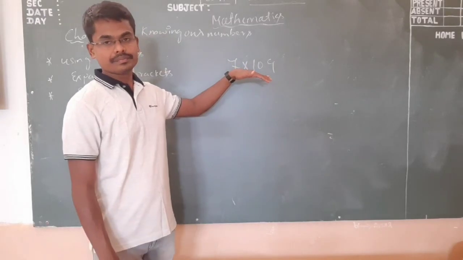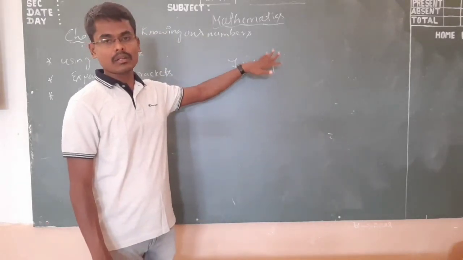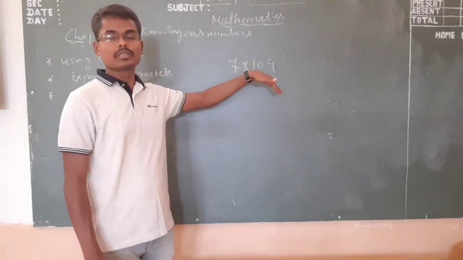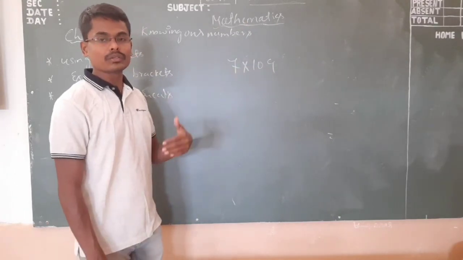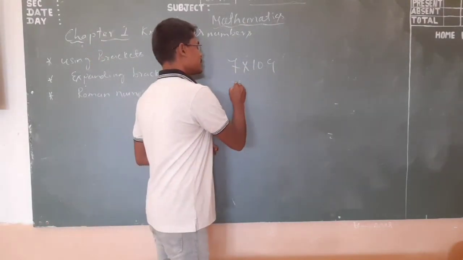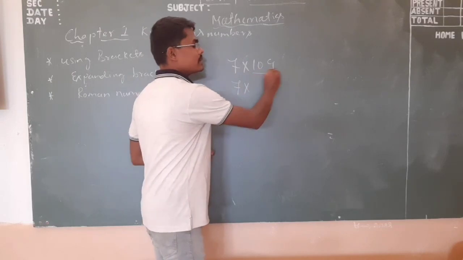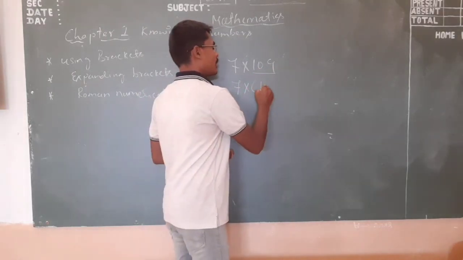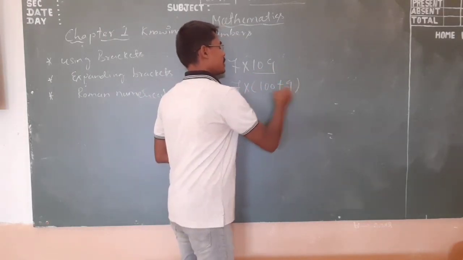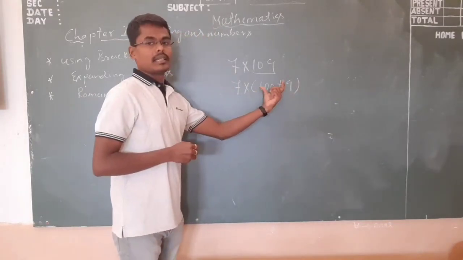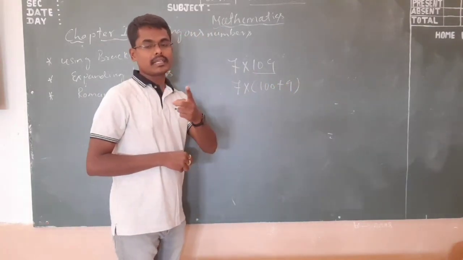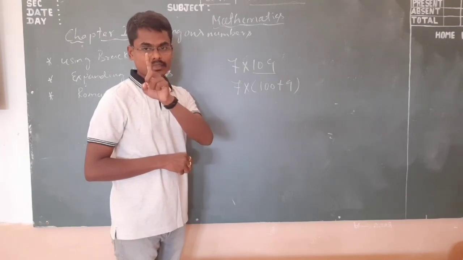Instead of multiplying, instead of doing that process, we can use the brackets. Then how are we going to use the brackets? Now look at here, 7 into, I can write this 109 like this, 100 plus 9. We know that the numbers which are present in the bracket indicate a single number.